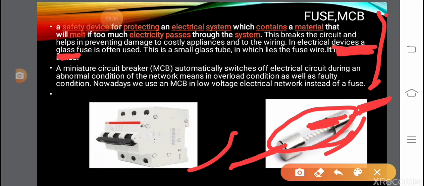So when the current limit exceeds, it melts away and breaks the circuit that protects our devices from getting fired or getting damaged.